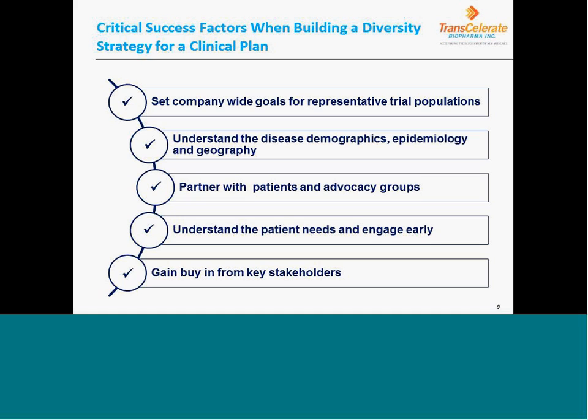Use expertise on campaign execution. Engage during early protocol design in order to maximize the impact and avoid later reworks. Define the objectives of the advocacy diversity strategy. Identify target patient advocacy groups, the tactics, and determine the desired outcomes and metrics.